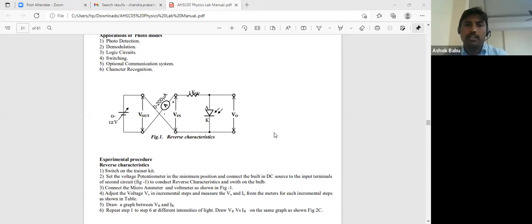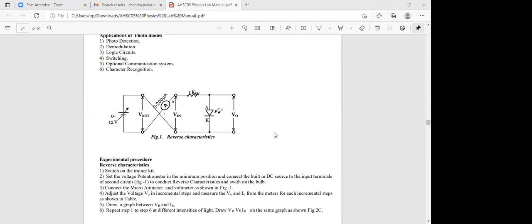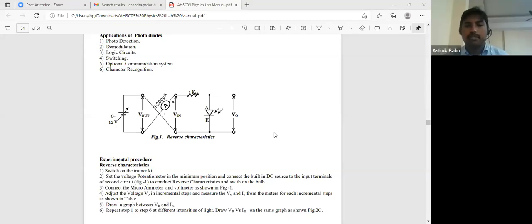After that, resistor, photodiode, electrical bulb, voltmeter, and connecting wires. These are the apparatus.